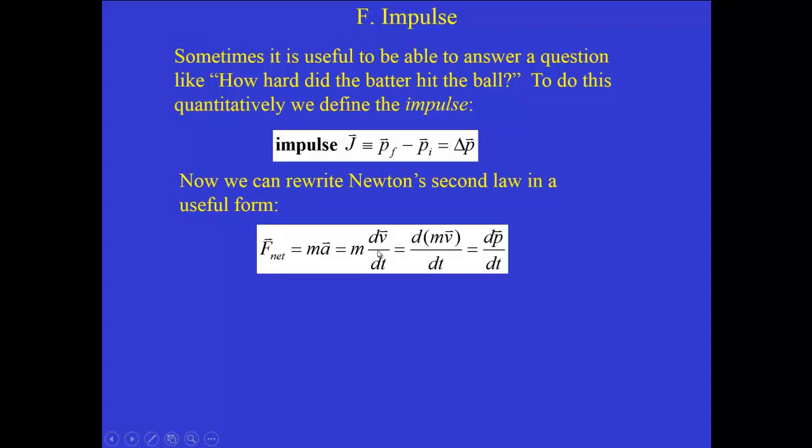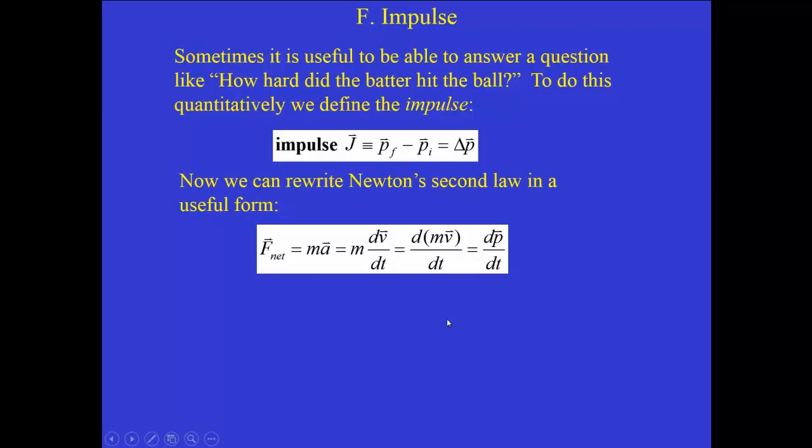And if we substitute for acceleration as the derivative of velocity with respect to time, and then realize that the mass multiplying the velocity derivative can be brought inside the parentheses, so that we're taking the derivative with respect to time of the product of mass and velocity, then mass times velocity, we've already defined that as momentum. And so we see that a more general version of Newton's second law can be written this way, as the net force acting on an object is equal to the time rate of change of momentum.